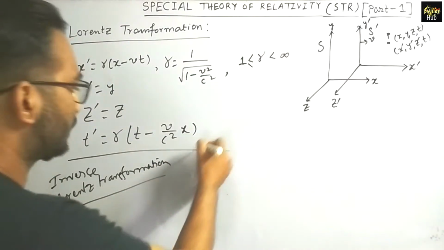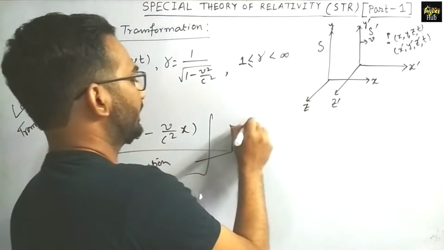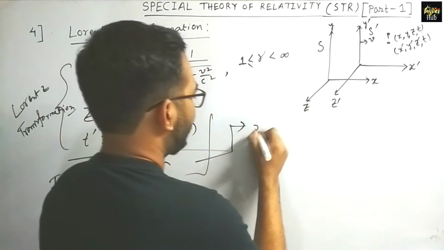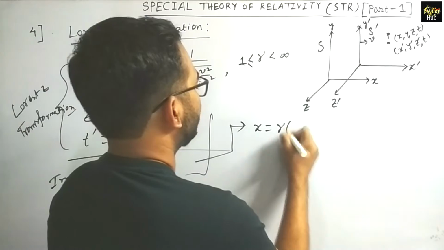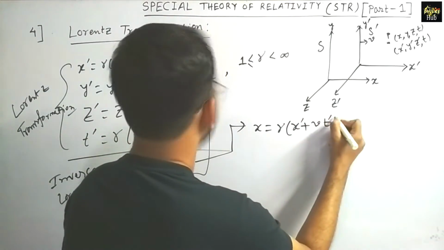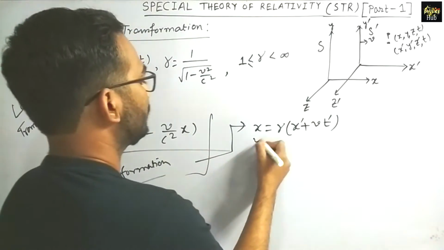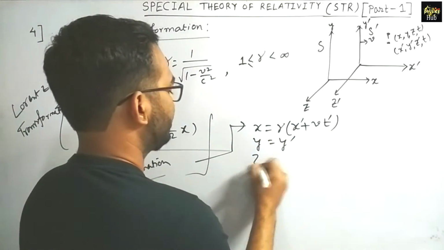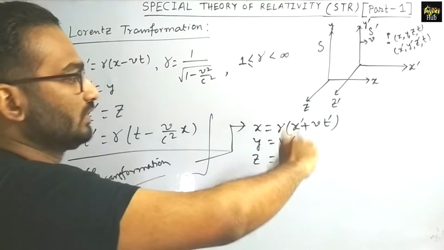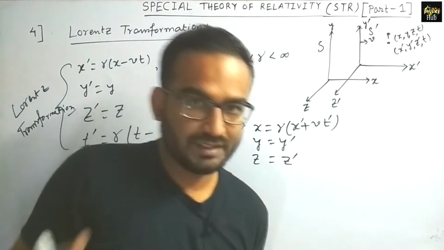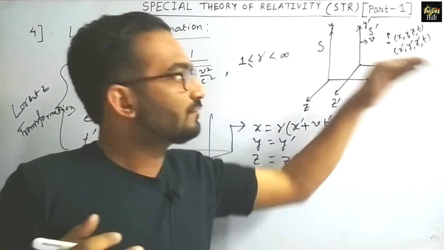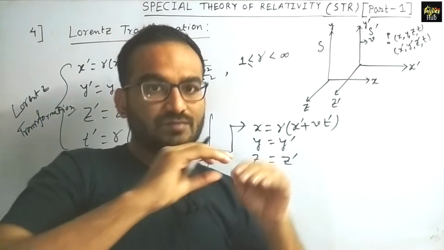For the inverse Lorentz transformation, the negative sign will be transformed into a positive sign. So x will be equal to gamma into (x prime plus v t prime). Then y will remain the same, y prime, z prime. So as you can see, the coordinate is changing along that direction only in which the frame is moving.